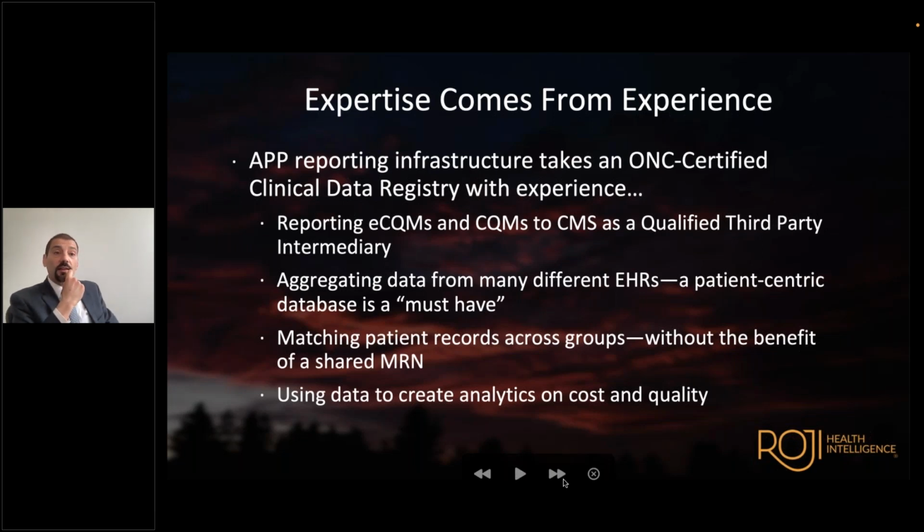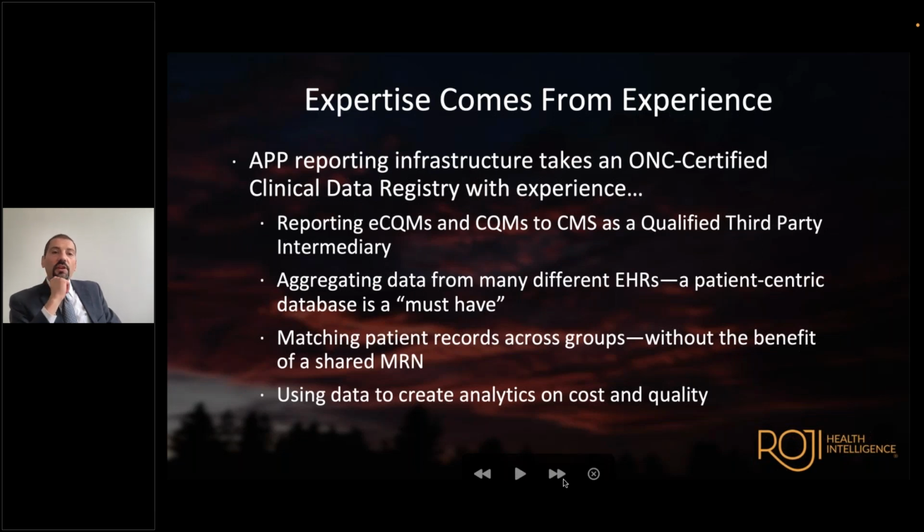Registries have been allowed to report for CMS programs since 2008, under the previous programs, what's called the MIPS legacy program. So PQRI, PQRS, for those of you who have been in the game a bit, will remember those. And now MIPS beginning with 2017.